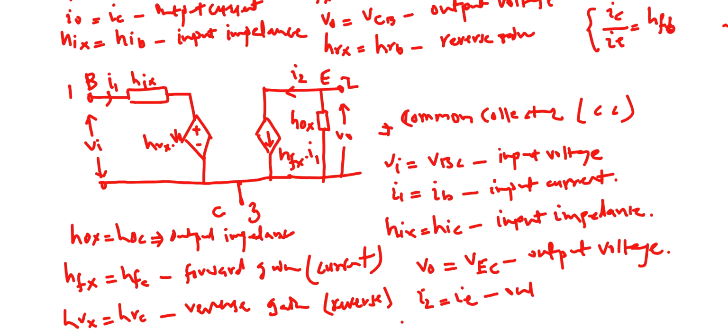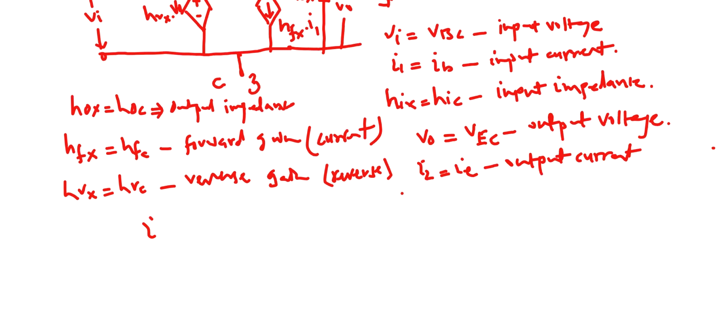And what you see here, your I2 over I1, which is your emitter current divided by the base current, becomes your HFC, which is your current gain. So ratio of IE over IB is your current gain. So that's the model for your common collector.